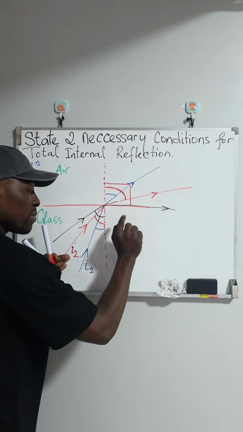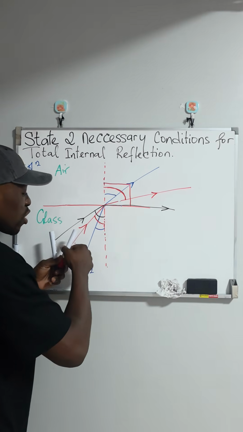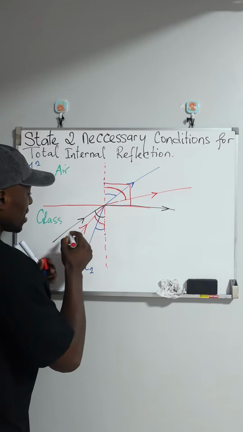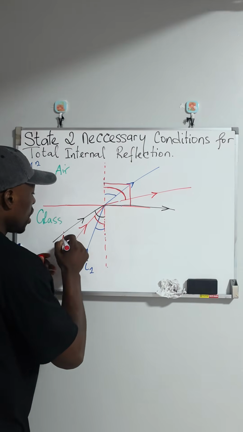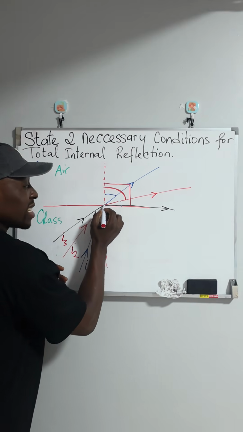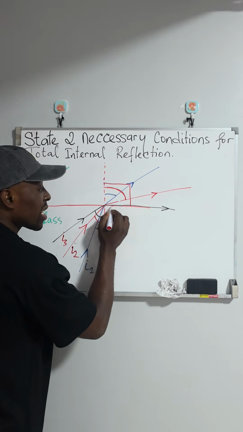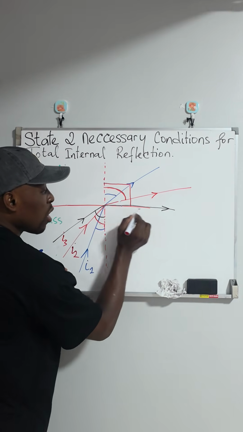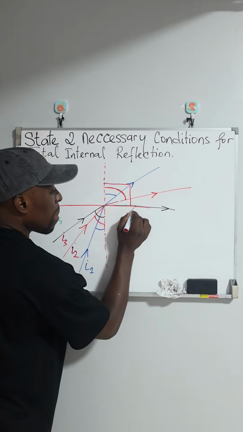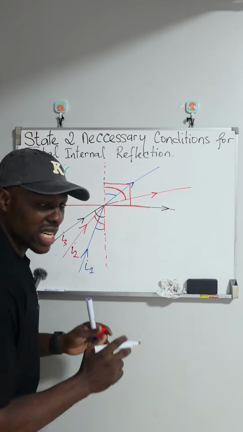If we follow this same tendency, we will realize that there will be another angle of incidence, this time I3, such that the refracted ray now is going to be 90 degrees. 90 degrees means that the refracted ray, which is in black here, will fall exactly on the boundary between the two media.